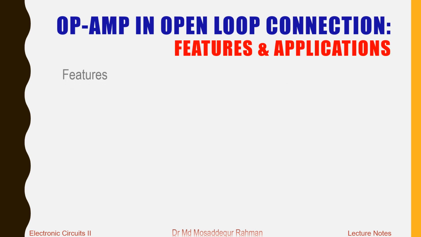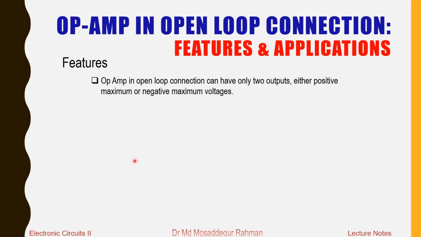So what are the features in open loop connection? First we'll just describe the features and then we'll prove those features in our subsequent slides. How does the circuit behave in open loop connection?